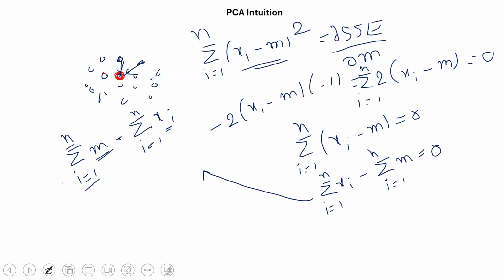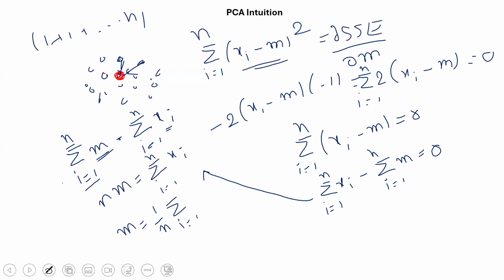Sigma i equal to 1 to n is nothing but 1 plus 1 plus 1 and so on up to n, right? So that becomes n into m equal to sigma i equal to 1 to n of xi. So m becomes (1/n) sigma i equal to 1 to n of xi. Is this not the mean? Mean is the sum of the points divided by the number of points, right?